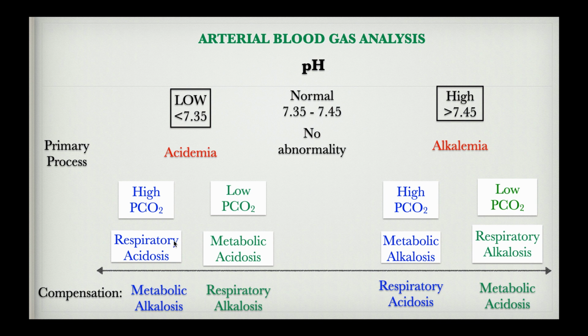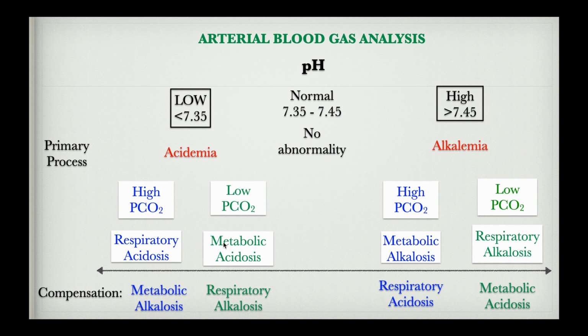If the cause of the problem is respiratory, then the compensation will be metabolic. And if the primary problem is acidosis, then the compensation is going to be alkalosis. So if we have respiratory acidosis, the compensatory mechanism is going to be metabolic alkalosis.